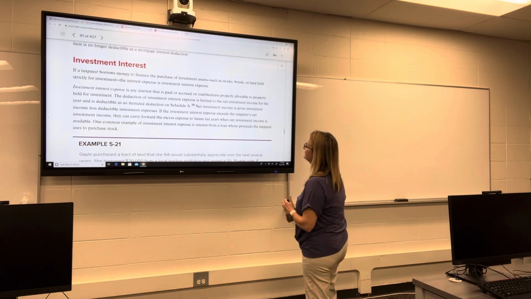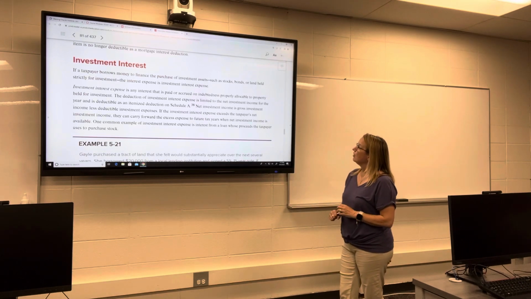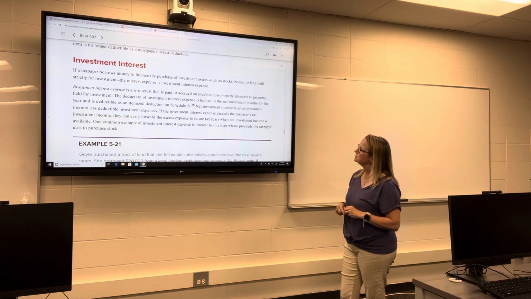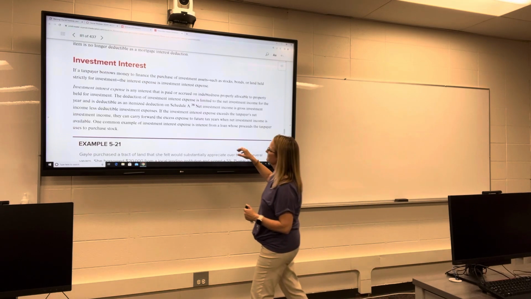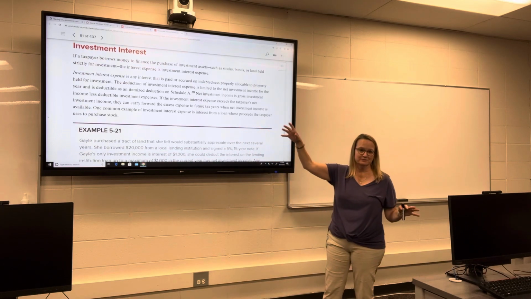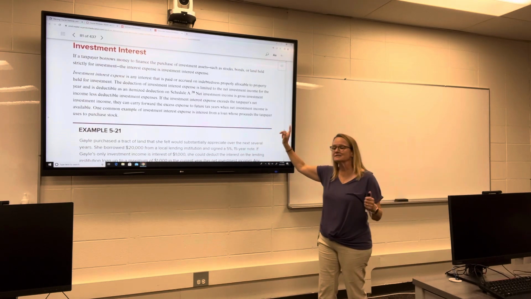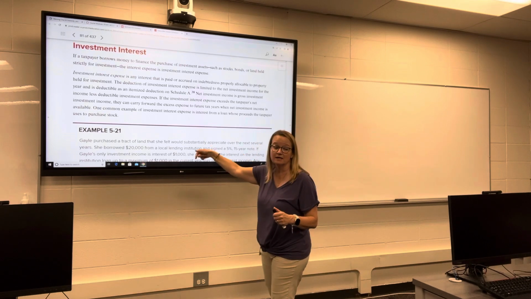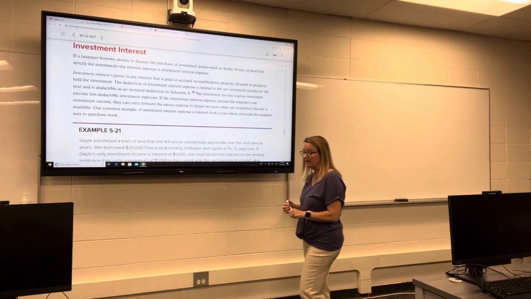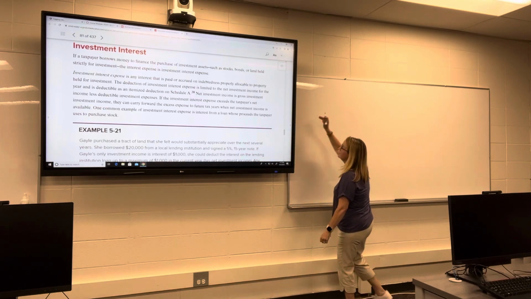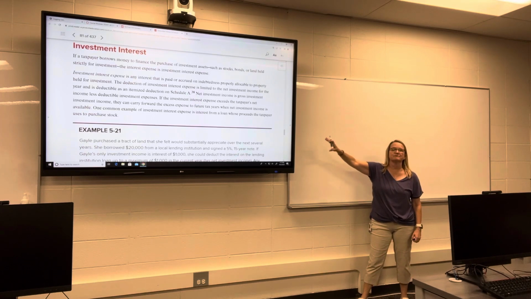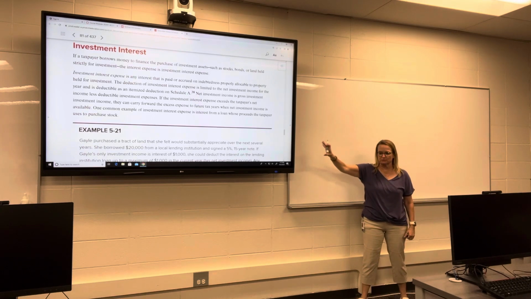So any interest that is paid or accrued on indebtedness, properly allocable, these words, to property held for investment, okay? It is limited though, of course it's limited. They're not just gonna give it to you, right? It is limited to the amount of investment income that the taxpayer receives in that year. So, for example, the investment income doesn't have to have anything to do with this particular investment.